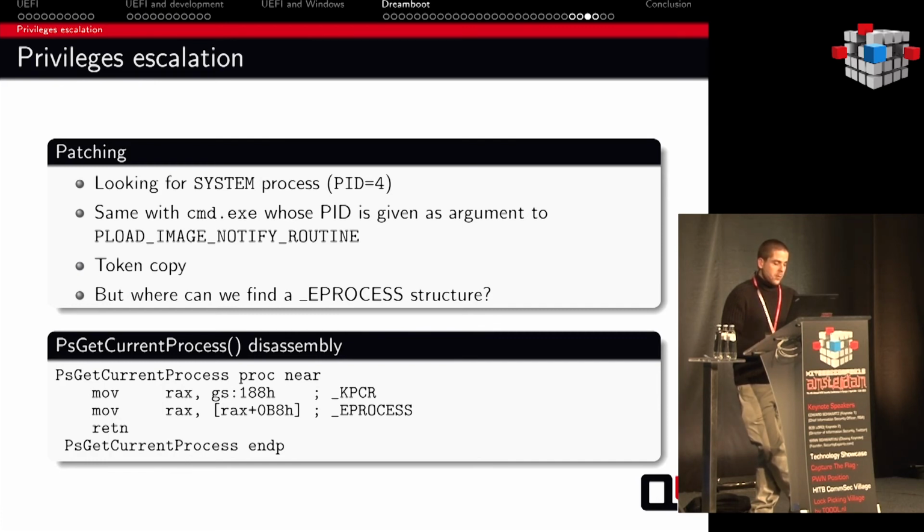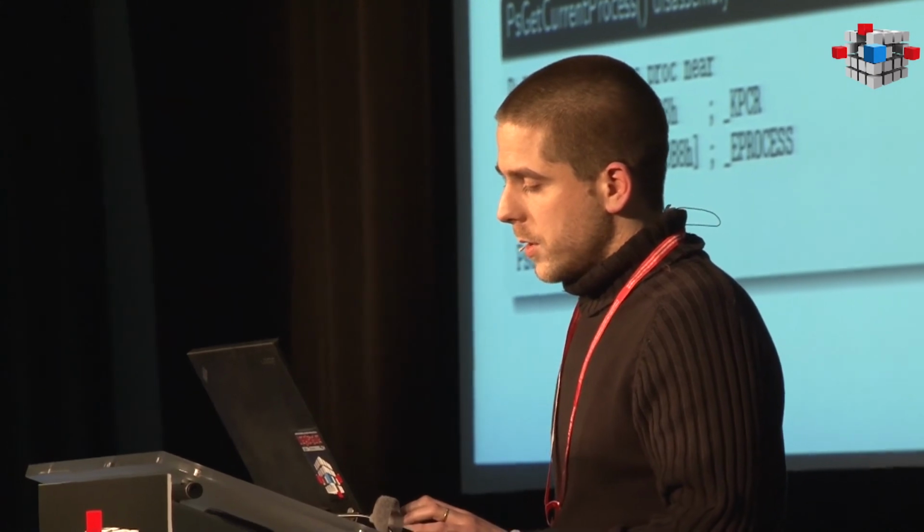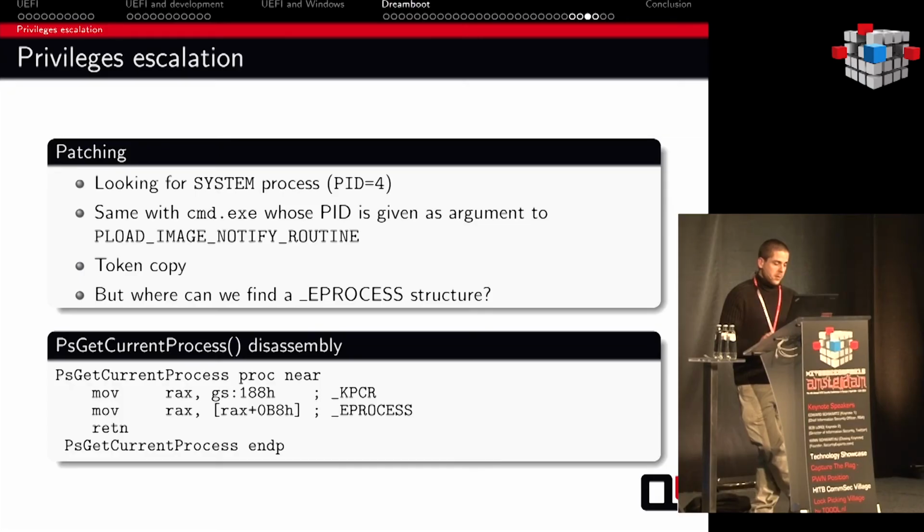One way to retrieve the EPROCESS structure is to look at the PsGetCurrentProcess disassembly, two lines of code. We just retrieve the EPROCESS structure from KPCR, and at some offset you have the EPROCESS structure. Of course, it depends on the current operating system, but it's at a fixed address.